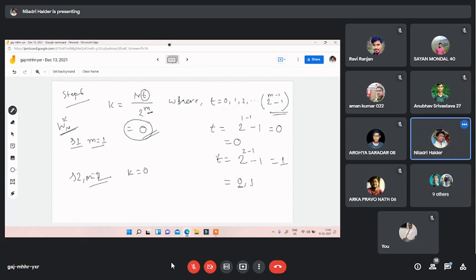When t is 1, then k will be N by 2 to the power m.